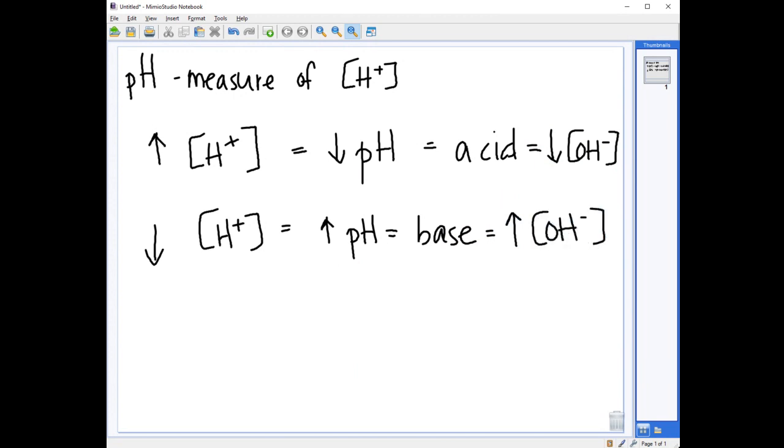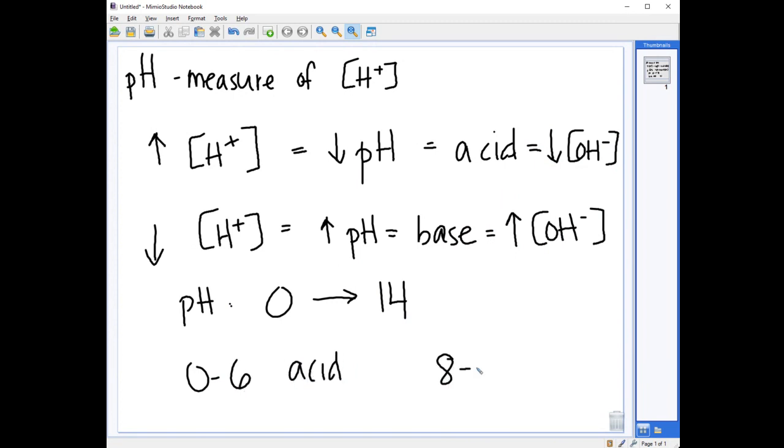We're looking at just Arrhenius bases here so that we can get this concept. Now, the pH scale, we know, goes essentially from 0 to 14, where 0 through 6 is an acid, 8 through 14 is a base, and 7 is considered neutral.